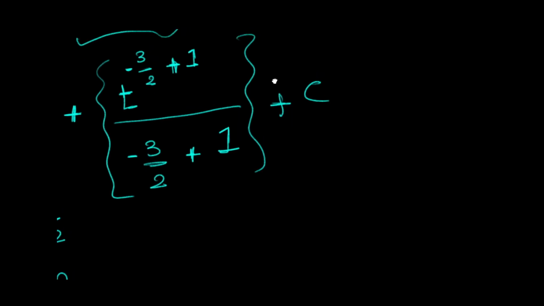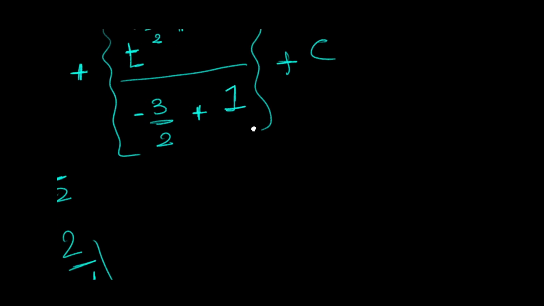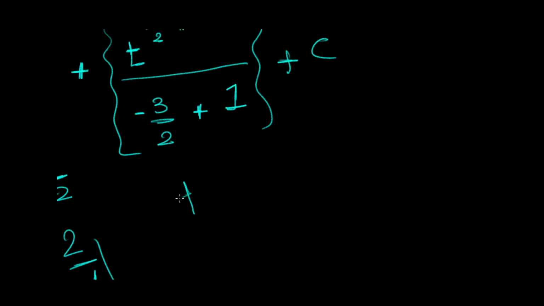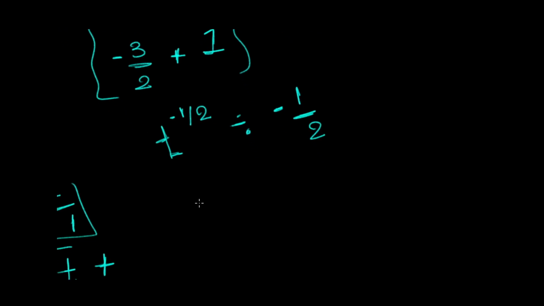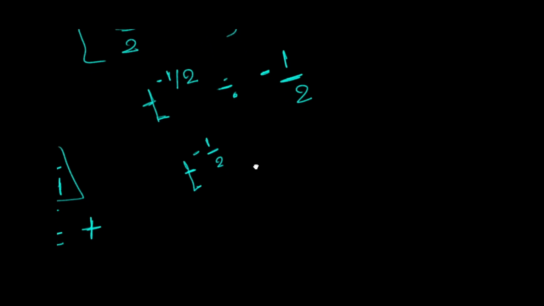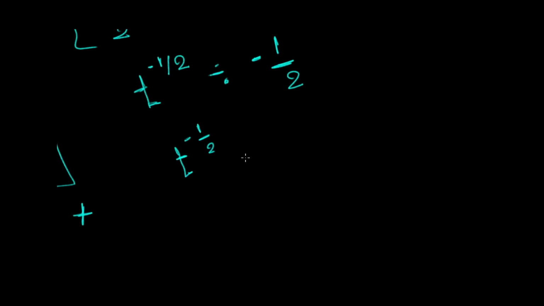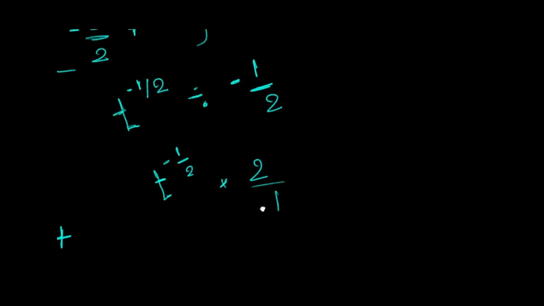Alright, so what's negative 3 over 2 plus 1? It's equal to negative 1 over 2. Same thing over here, t to the power of negative 1 over 2, and divide by negative 1 over 2. Same thing again, negative 1 over 2 times 2 over 1, negative 2 over 1.